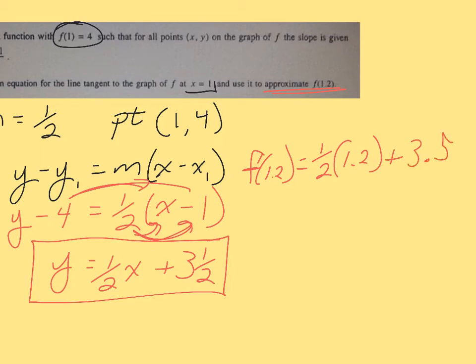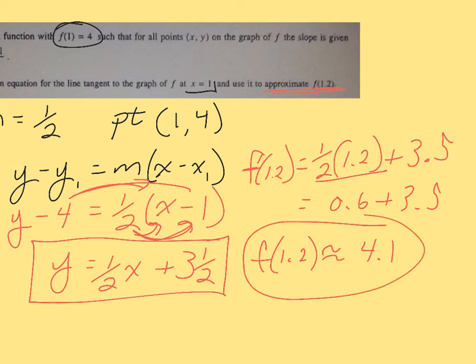I'll even put it as 3.5. So 1/2 of 1.2 is 0.6 plus 3.5. The approximate value of f of 1.2 is approximately 4.1. So we found our tangent line, and then we have our approximate value.